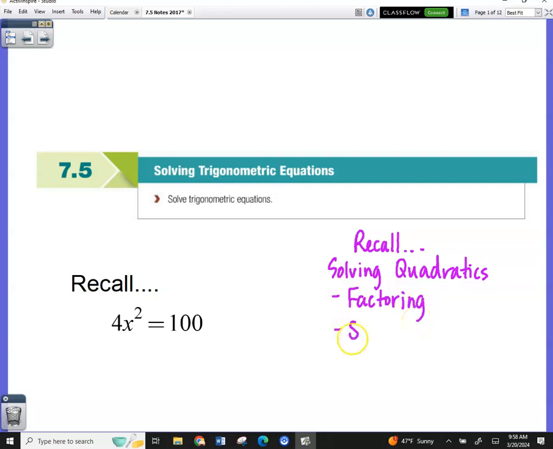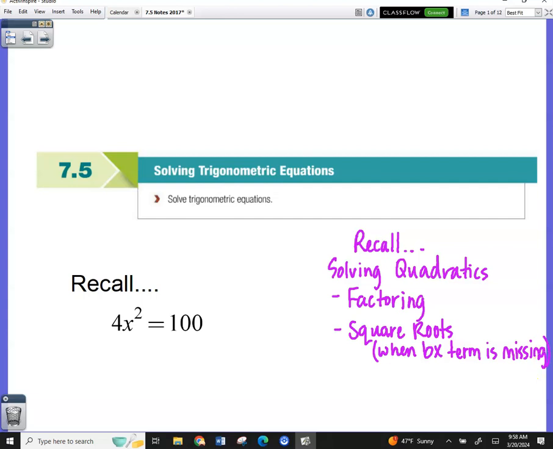You can solve by square roots. If you don't remember when you're allowed to solve by square roots, it's when the bx term is missing. That's when you can solve by square roots.